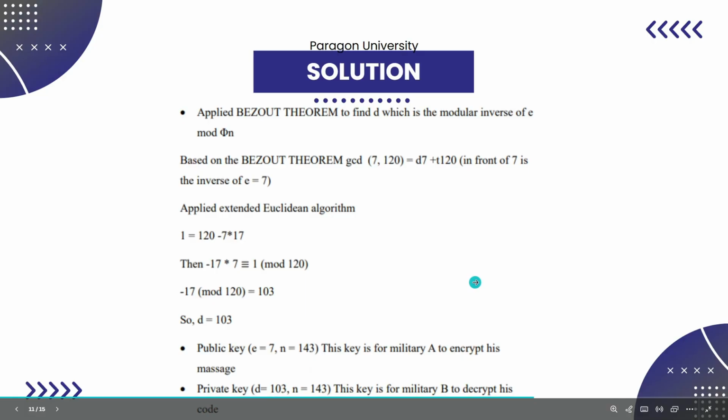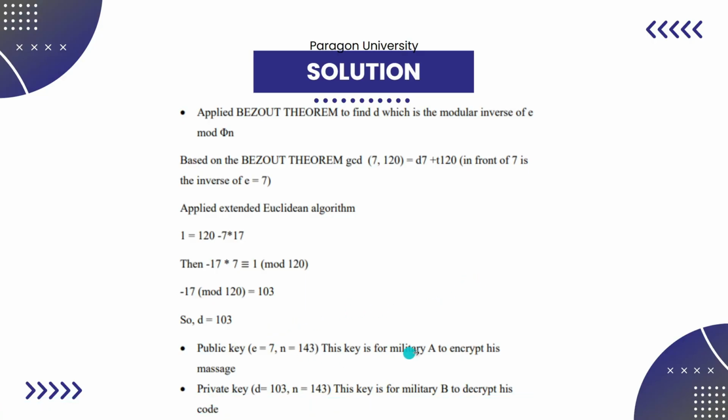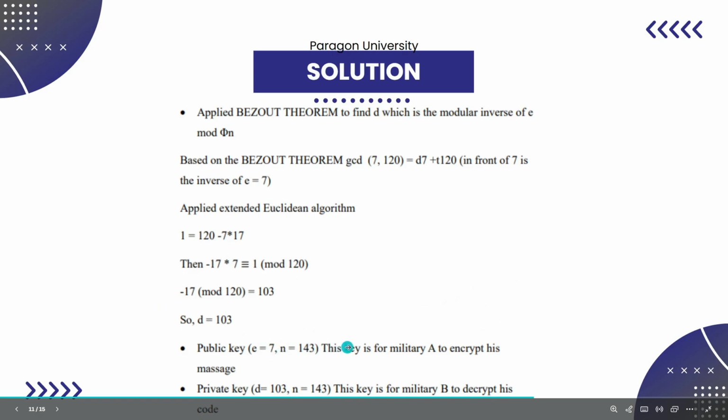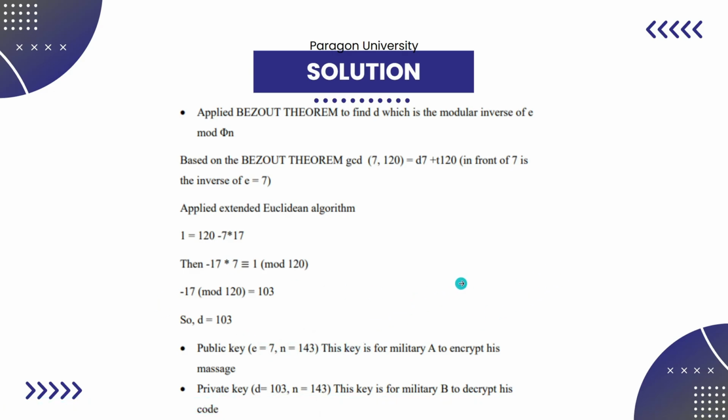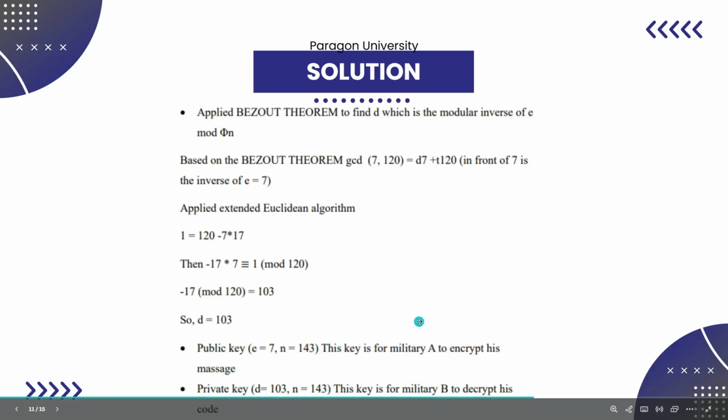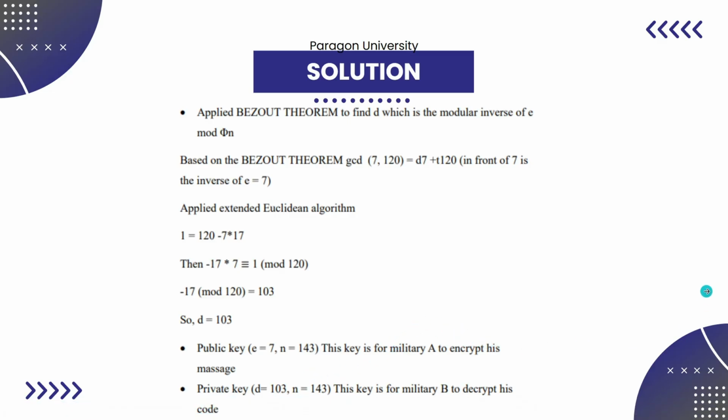After that, we can see the public key and the private key. The public key is e equals 7, n equals 143, which is for military A to encrypt this message, and the private key is for military B to decrypt this code.